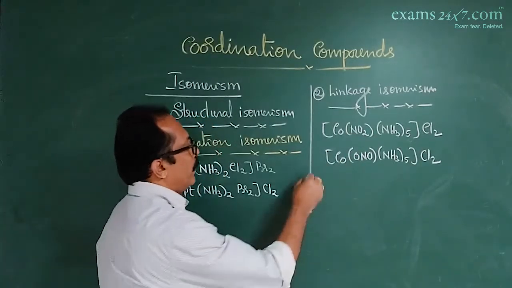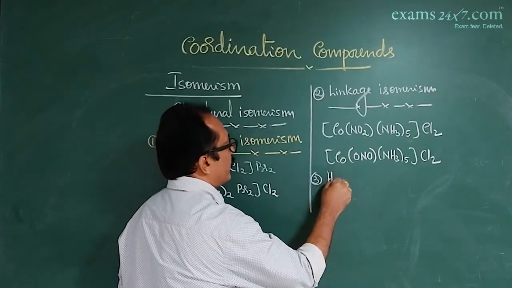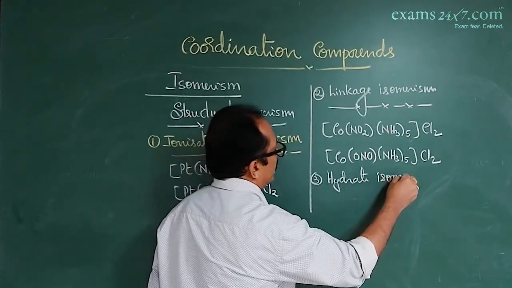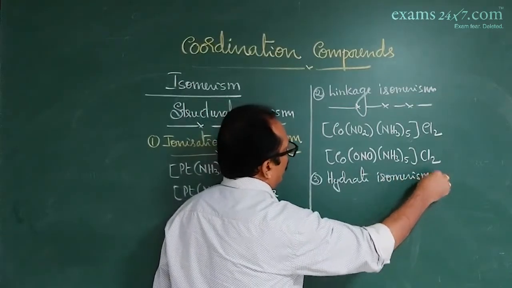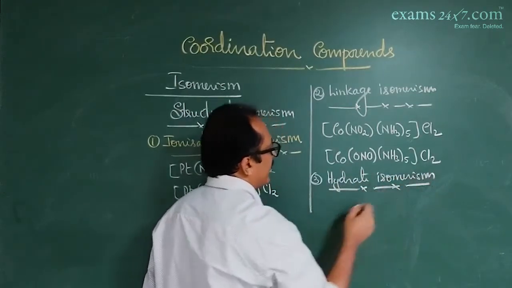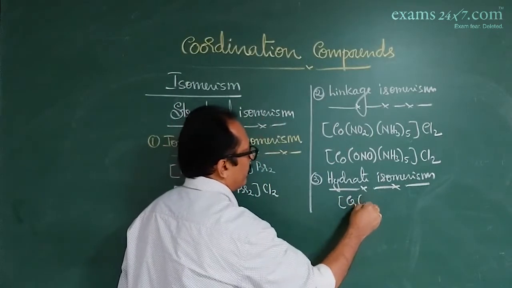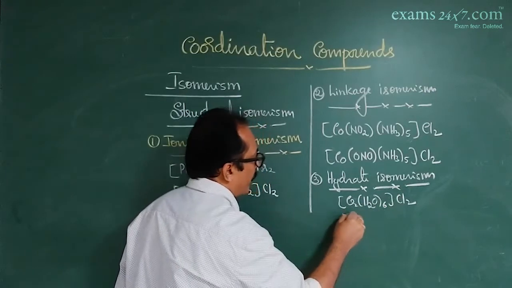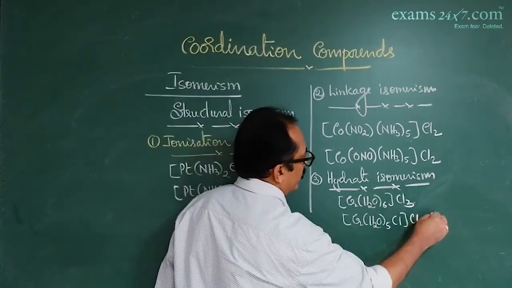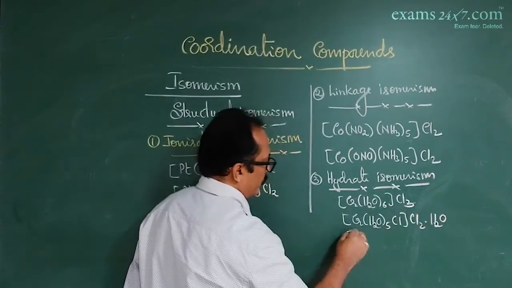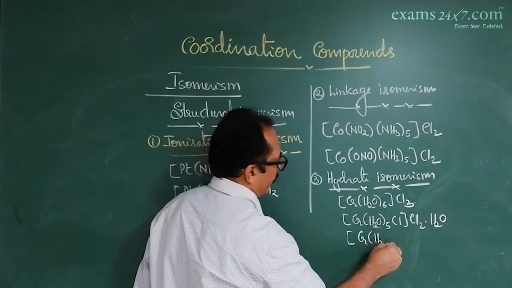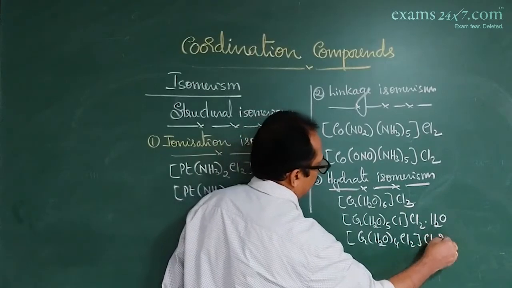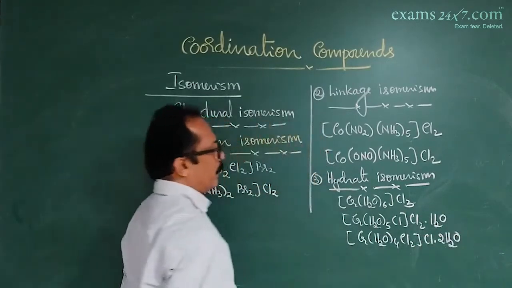Now, next about hydrate isomerism, or solvate isomerism. Here the isomers differ in the number of water molecules acting as ligands. For example, a chromium complex, [Cr(H2O)6]Cl3, [Cr(H2O)5Cl]Cl2·H2O, [Cr(H2O)4Cl2]Cl·2H2O.